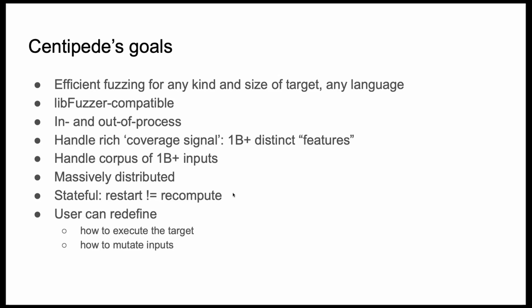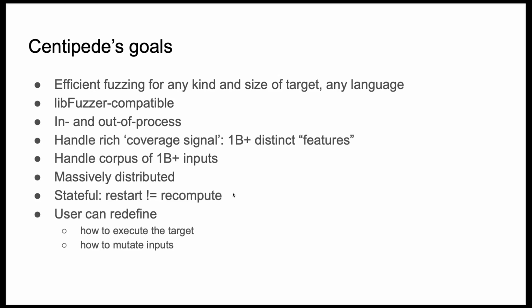And of course, the main meat of Centipede is scalability. We wanted to handle rich coverage with an order of billions of different coverage signals. As a consequence, it has to handle a corpus of inputs, which also counts in billions.